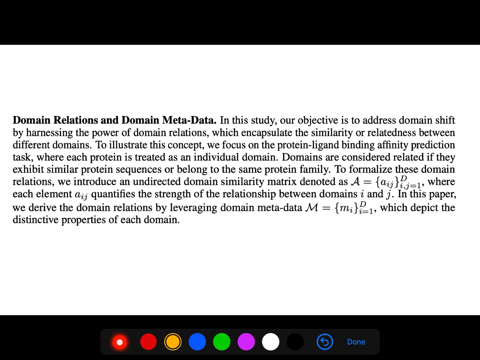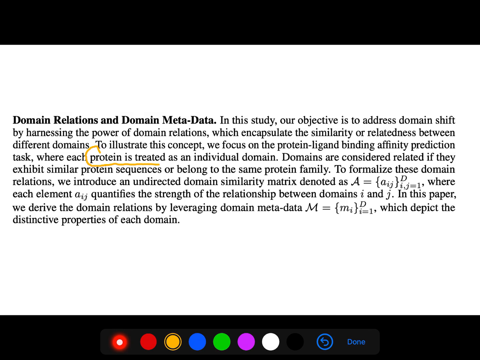So our objective is to address domain shift by harnessing the power of domain relations, which encapsulate the similarity or relatedness between different domains. To illustrate this concept, we focus on the protein ligand binding affinity prediction task, where each protein is treated as an individual domain. So this is beautiful.